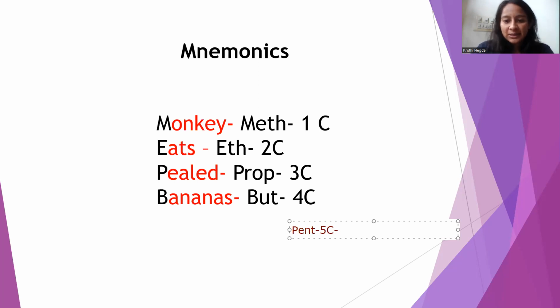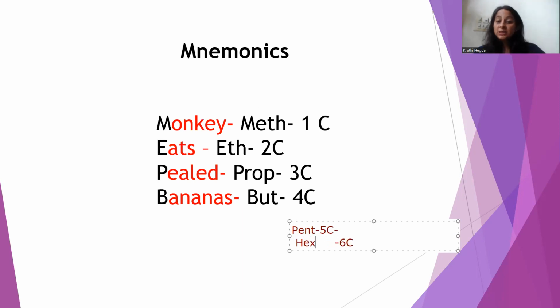And if six carbon atoms are there, its name starts with hex. Just remembering this is enough. I showed you in the previous video how hexane, heptane and so on look. So one carbon atom is meth, two carbon eth, three carbon prop, four carbon but, five carbon pent, six carbon hex. If you remember this, it will be easy for you to name all the organic compounds.